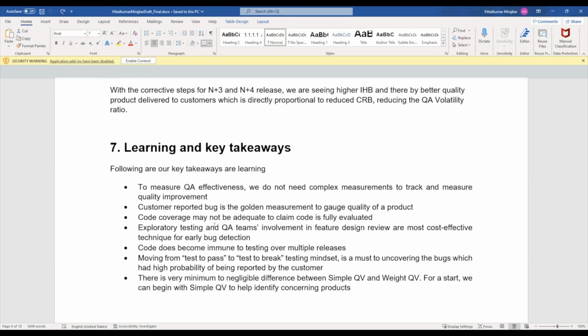Any questions? There's a question: who files the priority for the customer defects? For us, the customer usually files P1, P2. Absolutely true. For every customer logged bug, the bugs are logged at P1. No doubt about it. In engineering, there are different escalation channels. The support looks at it.